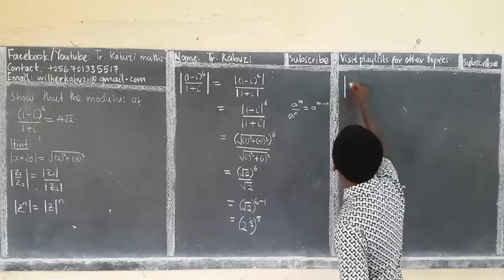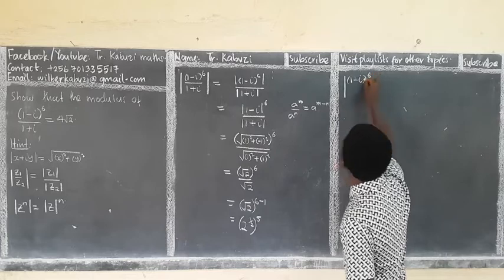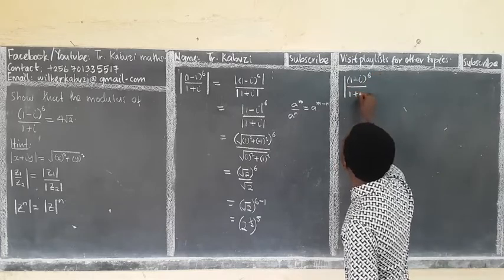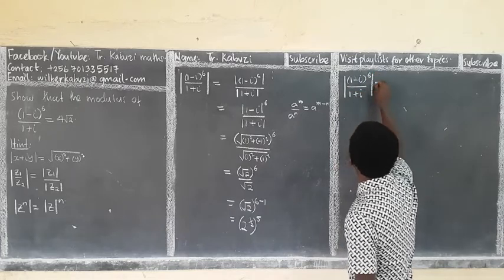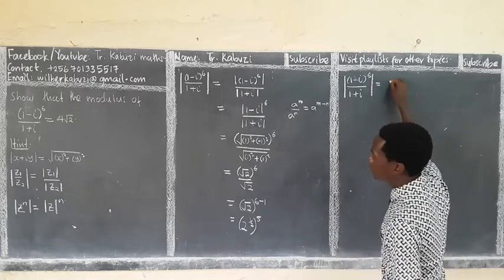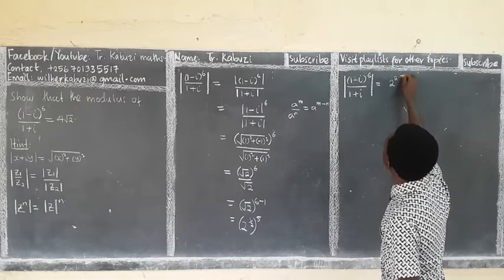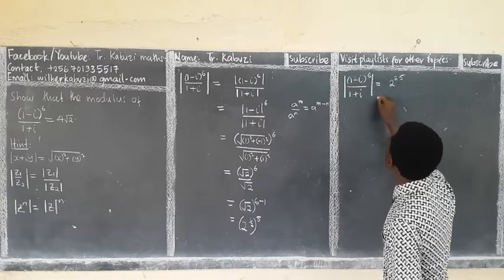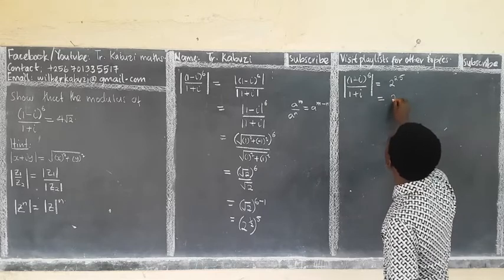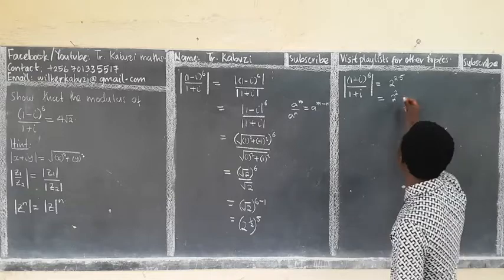So my modulus of (1 minus i) to the power 6 over (1 plus i) is equal to 2 to the power 2.5, which I can write in another way.